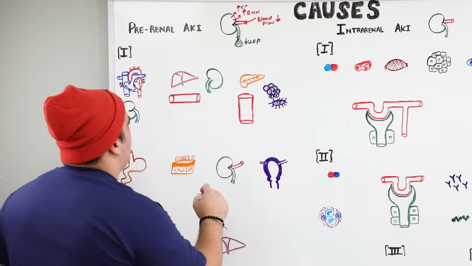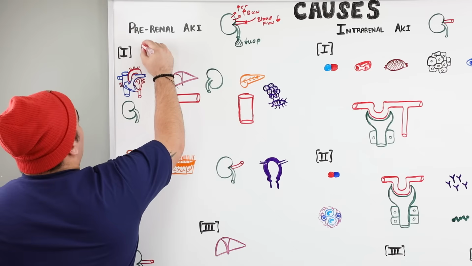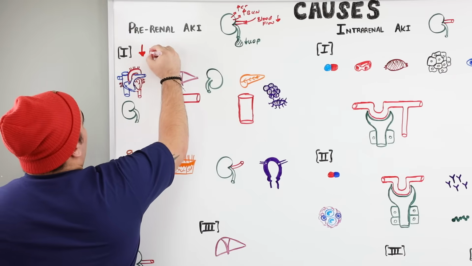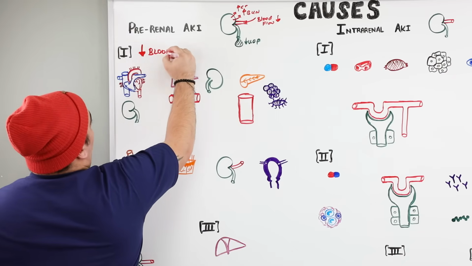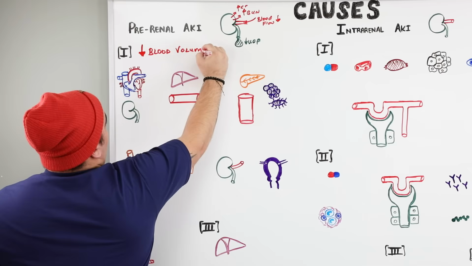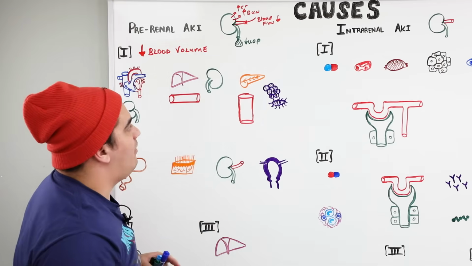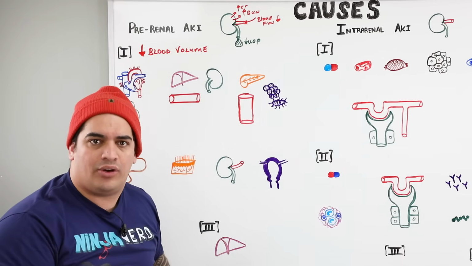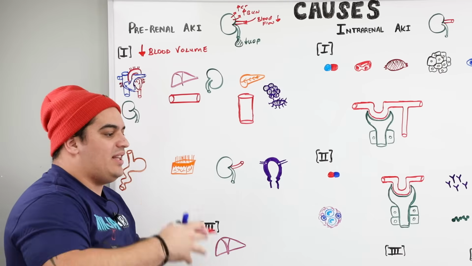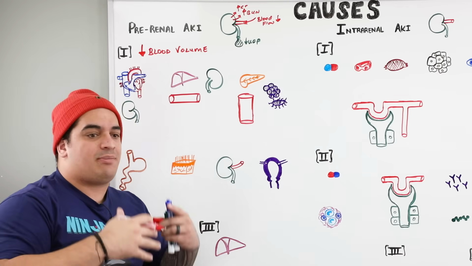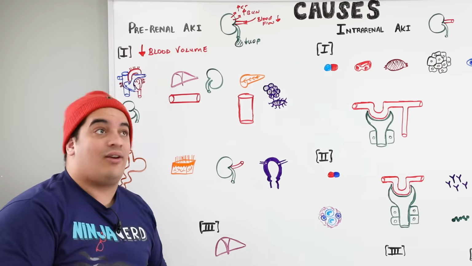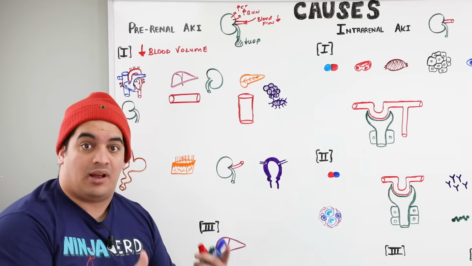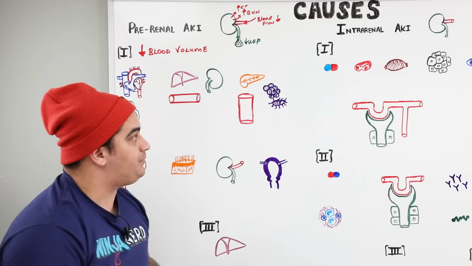The easiest one to remember is a decrease in the blood volume. If you have a decrease in blood volume, there's potentially a decrease in blood pressure, decreased perfusion to the kidney, and therefore decreased ability to excrete metabolic waste products and make urine.